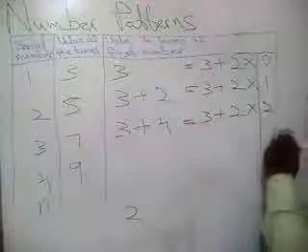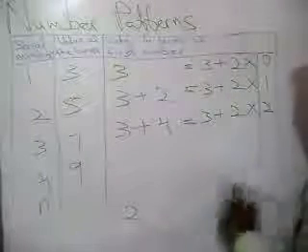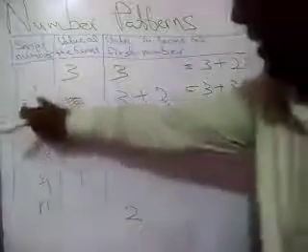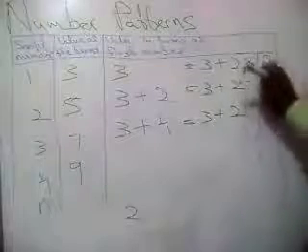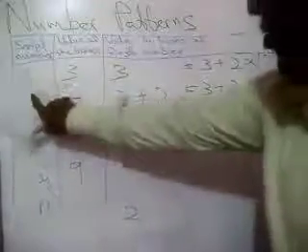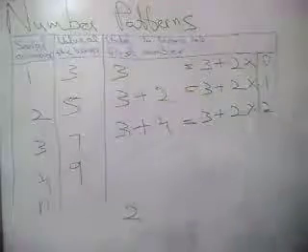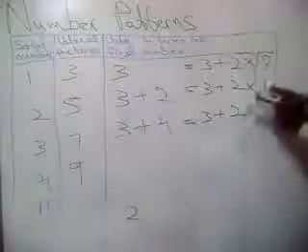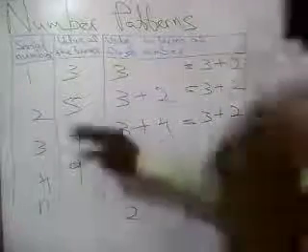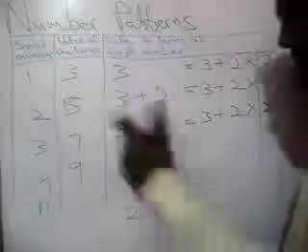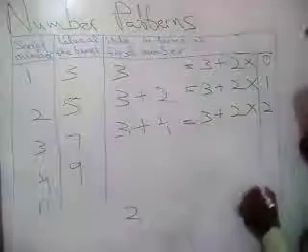Note that the value here in this column is always 1 less than n. So 1 minus 1 is 0, 2 minus 1 is 1, 3 minus 1 is 2. Here we have n, and here we always have n minus 1.